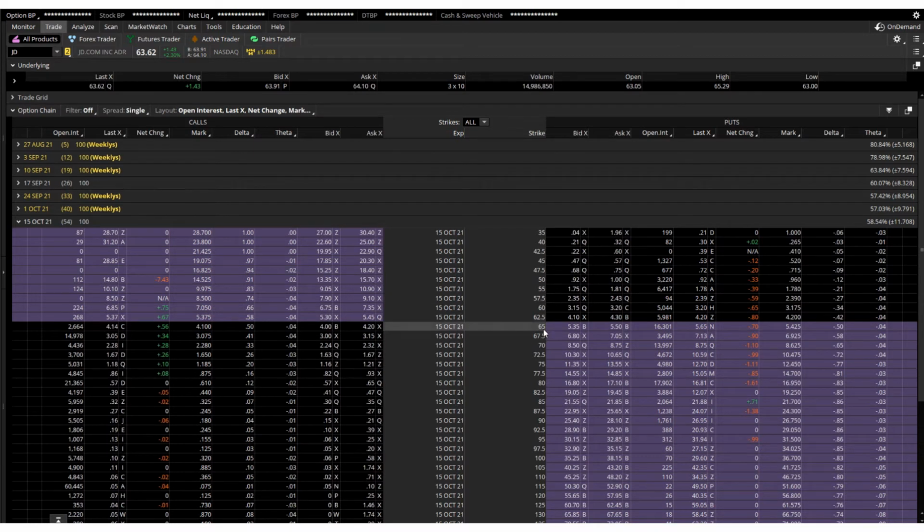And the 65 strike is considered in the money because the current stock price is lower than 65. So that's why all these contracts are considered in the money if you're on the short side or bearish side.